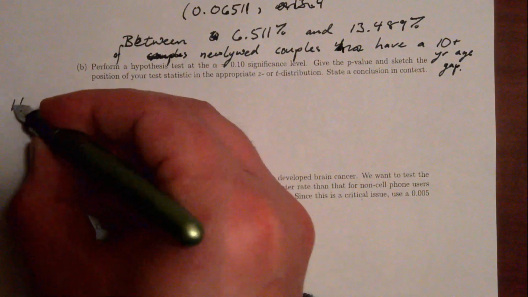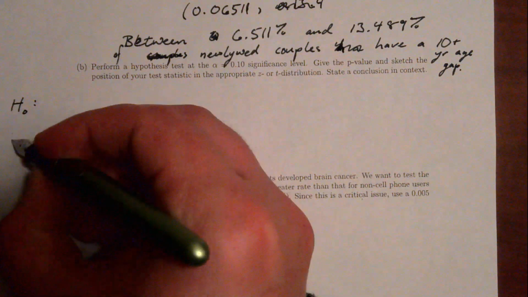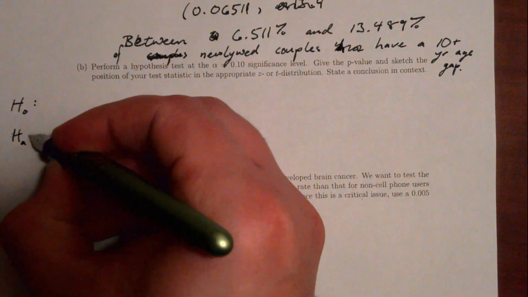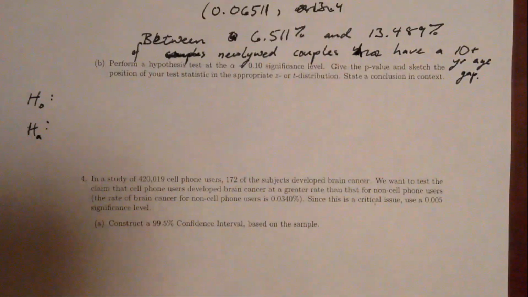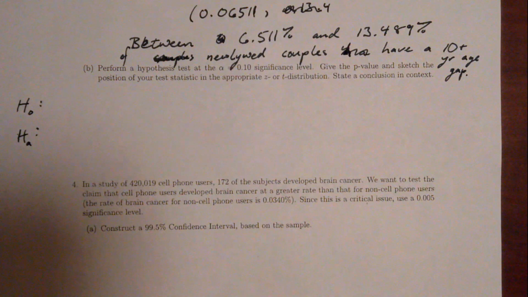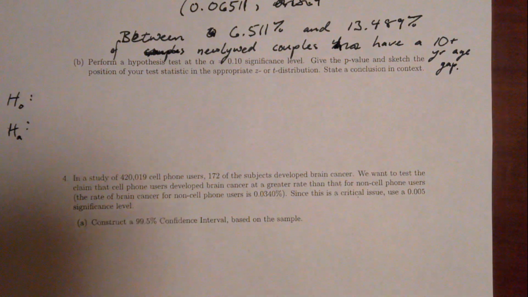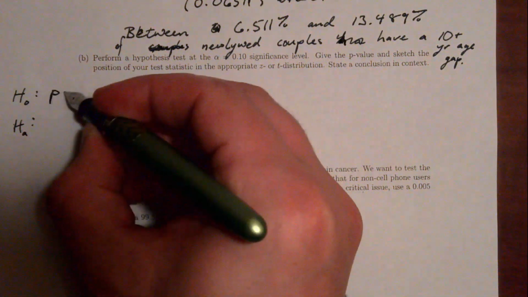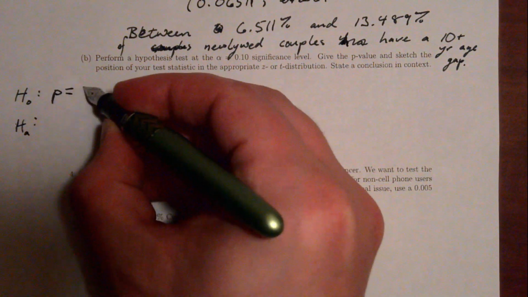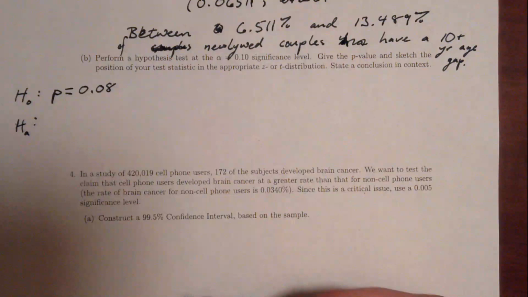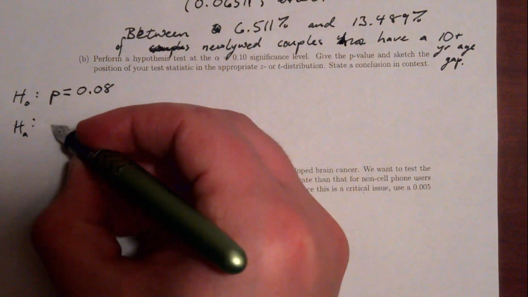Now we look at the situation again and make our decisions about the null and the alternative hypotheses. So it says we want to test whether the age gap couples are more than 8% of the population. That means we're comparing it with 0.08, so that's the null, and then the alternative is it's greater than that.